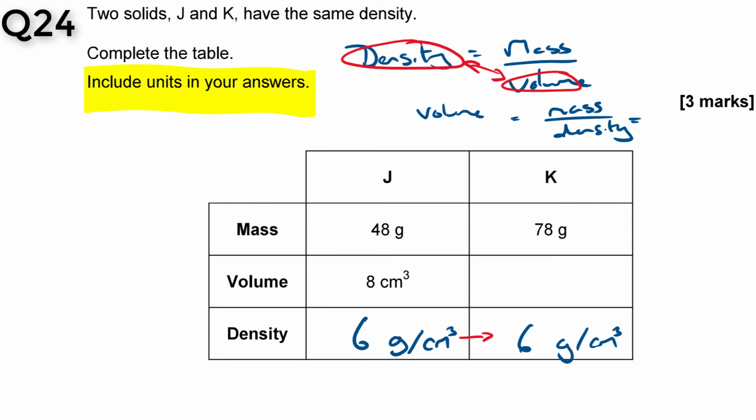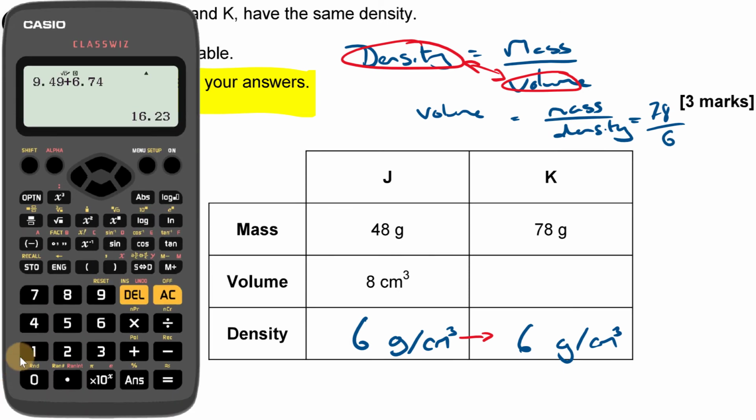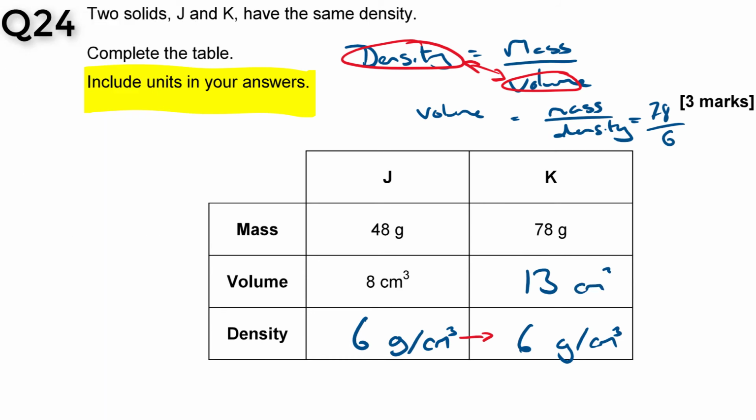I've got a mass of 78 and I want to divide it by a density of 6. 78 divided by 6 is 13. Then remember I need to include units, so in this case it's centimeters cubed.